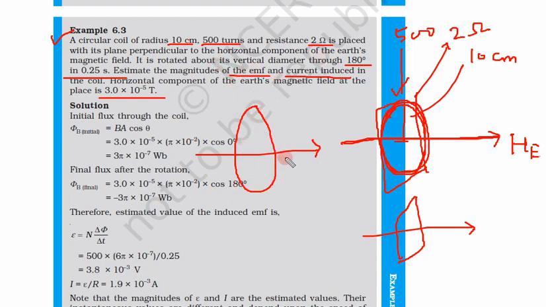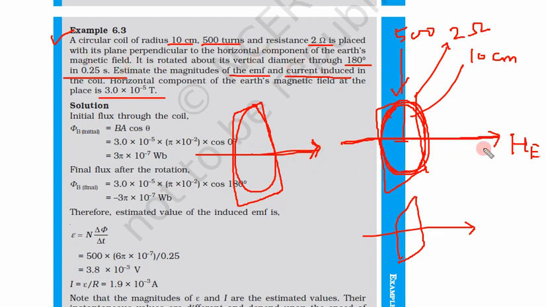Now what happens? So this is the coil. A circular coil of radius this is placed with its plane. So what is the plane of this coil? If we change this circle with a square, so that is the plane. This plane is perpendicular to this horizontal component of Earth's magnetic field.